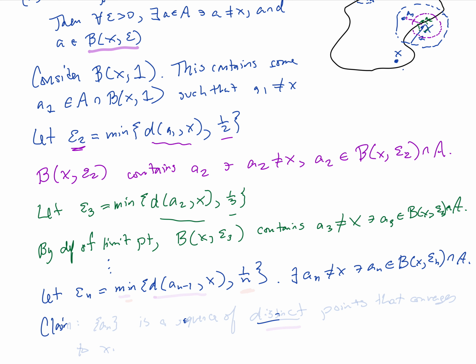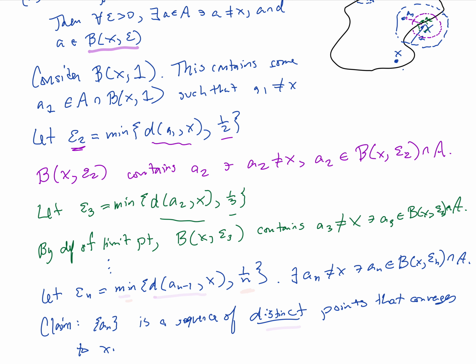So claim: A sub n is a sequence of distinct points that converges to X. So both those parts are important.